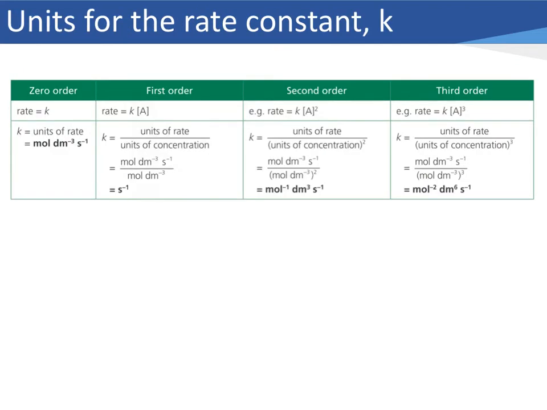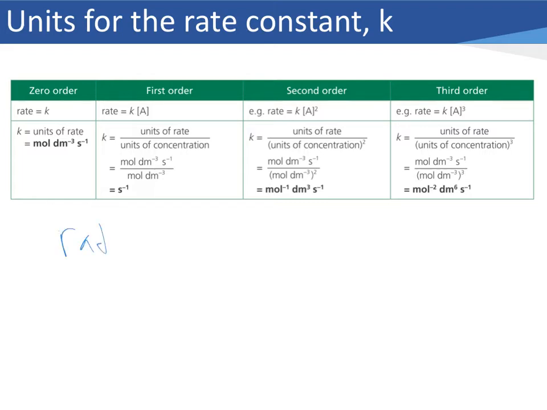Let's look at the units for the rate constant K. For a zero order reaction where the concentration doesn't matter, the rate is equal to K. And so rate has the units moles per decimeter cubed per second. So that means K would have the units of moles per decimeter cubed per second.